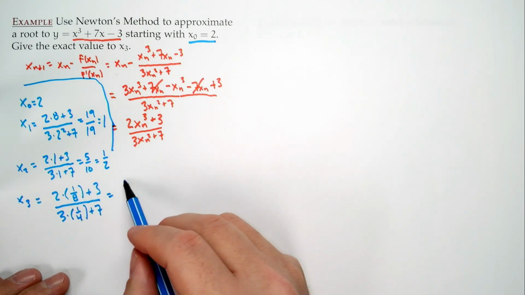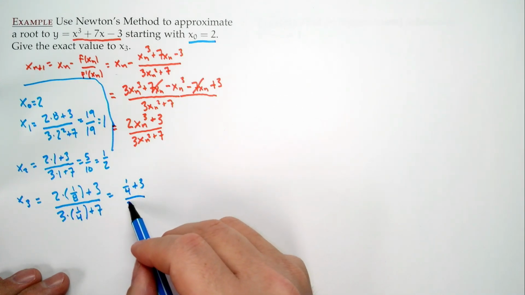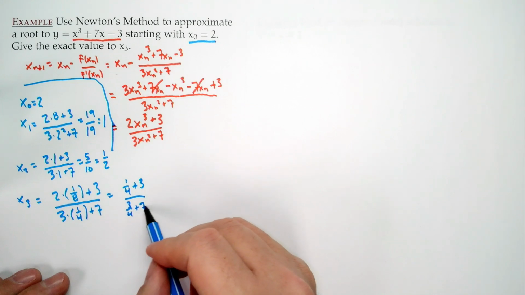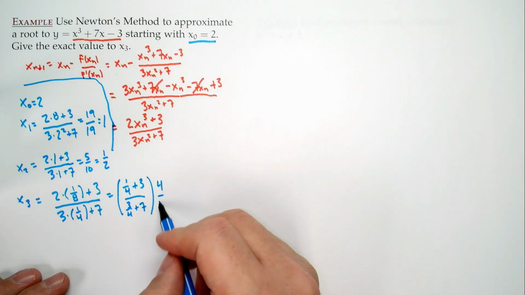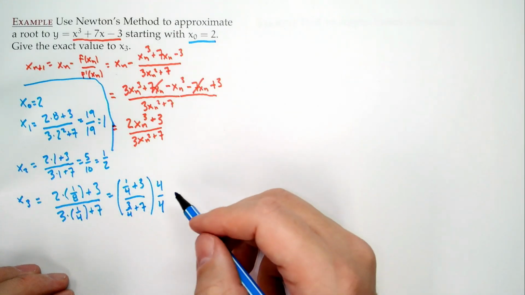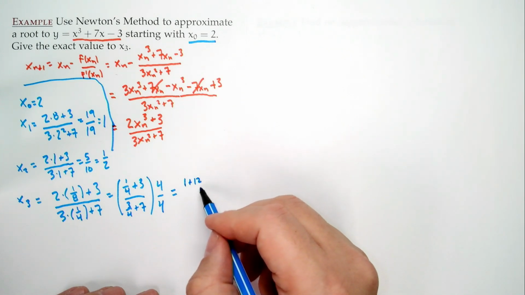Now, that's really 1/4 plus 3 divided by 3/4 plus 7. And if you take this expression, say multiply top and bottom by 4, get rid of your fractions, what do you have? On the top, you'll have 1 plus 12.